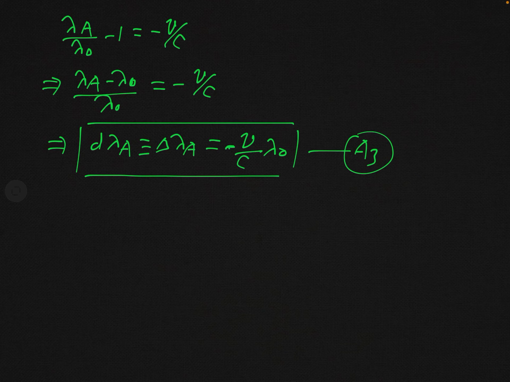And you know, in the visible spectrum, the wavelength of the blue color is smallest. So you may say that this shift is towards the blue end of the electromagnetic spectrum. This minus sign indicates it.